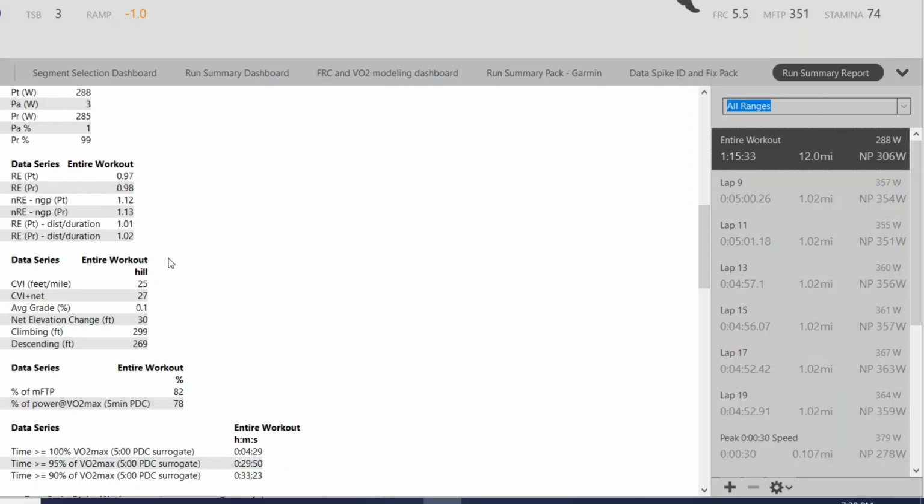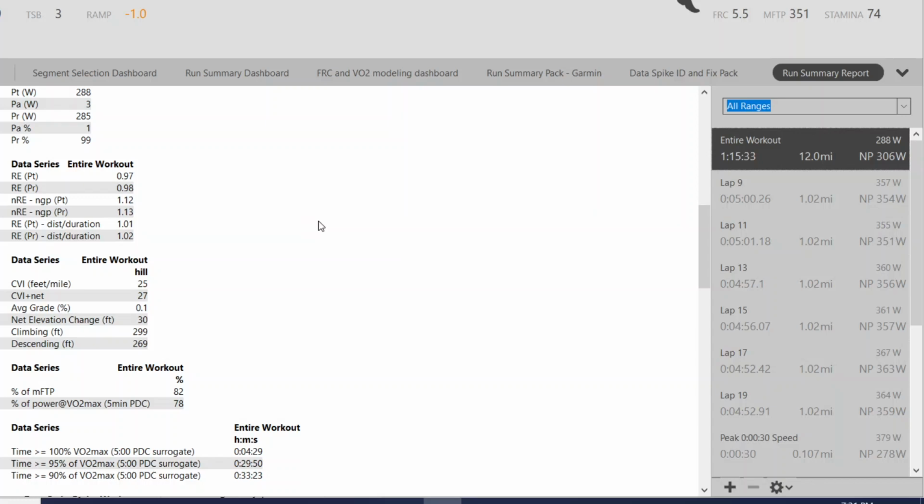What I look for here is this one here, the RE based on total power, 0.97. RE based on distance divided by duration, which should be the same. RE, that's speed, right? Distance divided by duration is speed, meters per second, so to speak, which is what this is based on. But this is based on the speed channel, data channel.